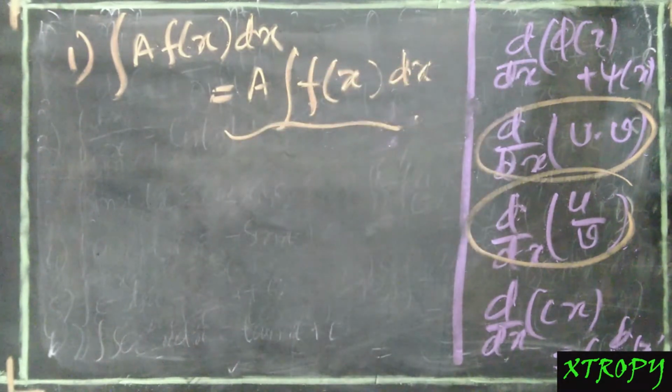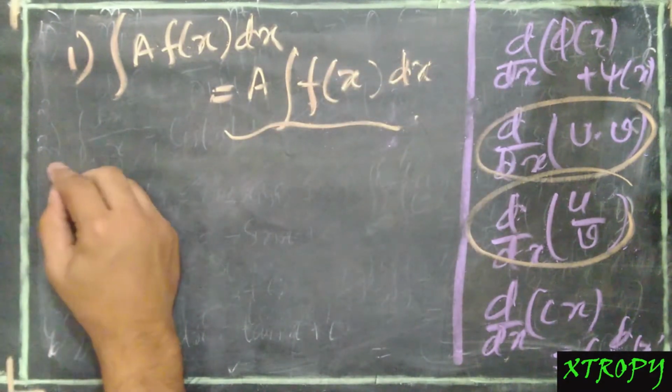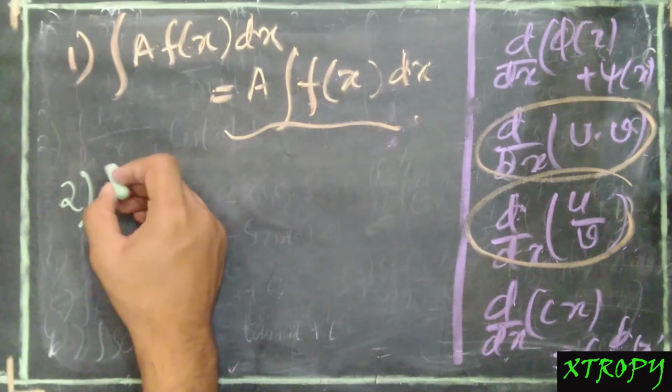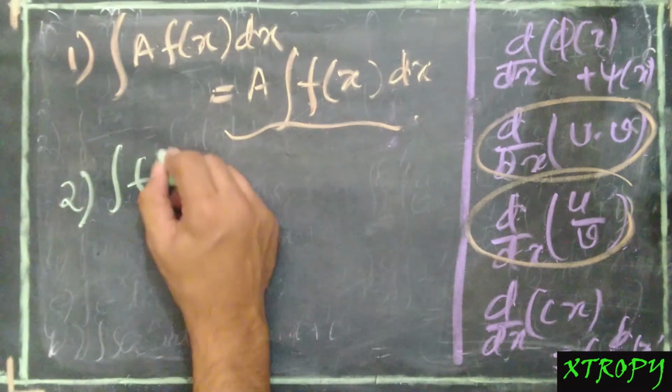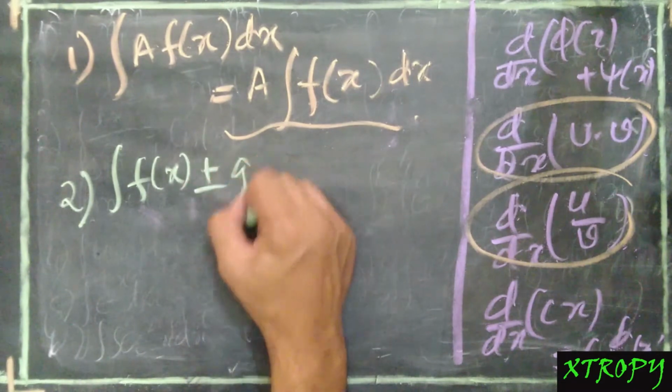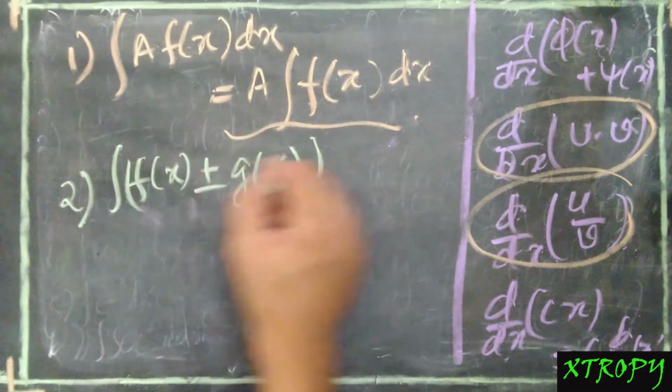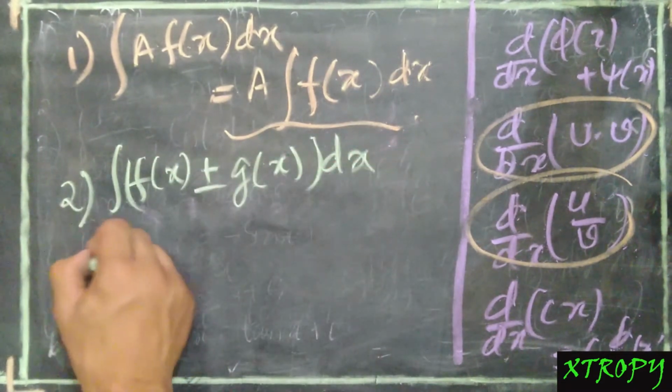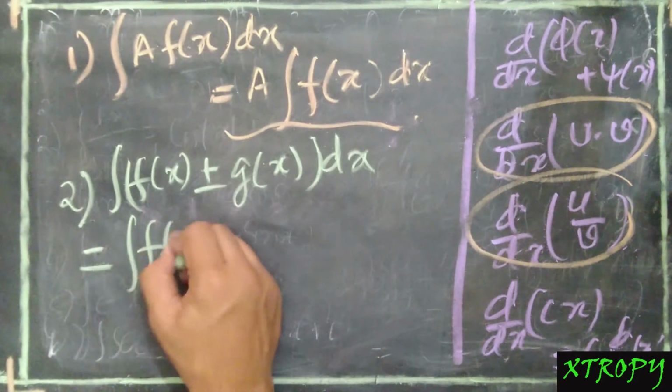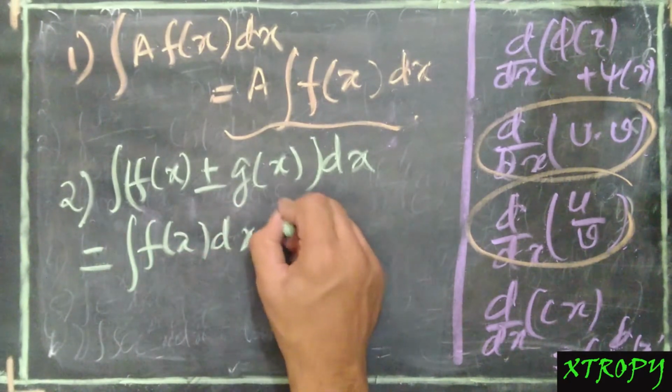The second general rule is of addition and subtraction. Suppose you have two functions, f of x plus or minus g of x, and this entire expression is under integration. So you can separate these two out and integrate them separately.